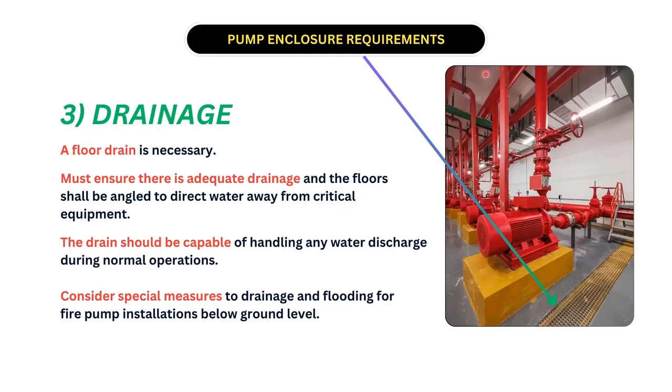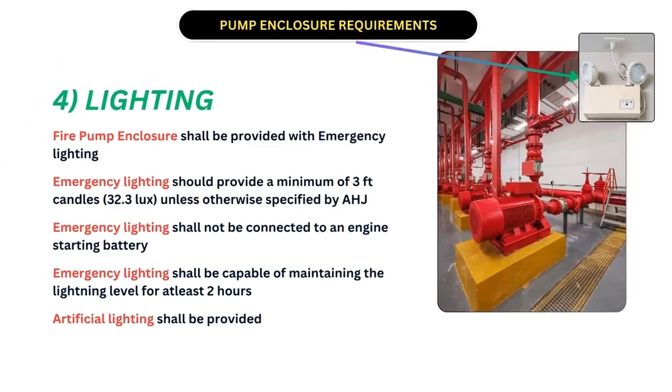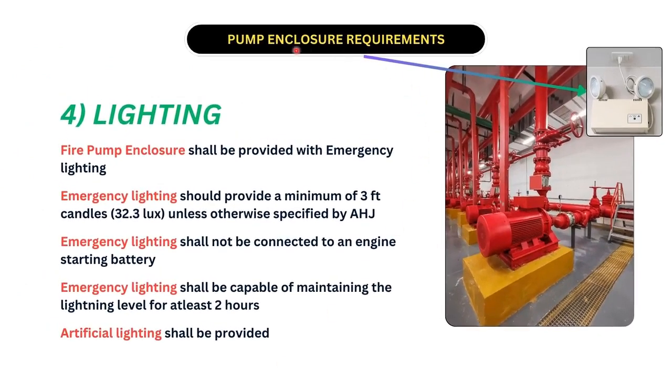Lighting is also an important part of this pump enclosure. Artificial lighting shall be provided. As you can see here, tube lights are installed. Apart from that, emergency lighting shall be provided inside the fire pump enclosure. Emergency lighting should provide a minimum of 3 foot-candles, 32.3 lux, unless otherwise specified by the authority having jurisdiction.